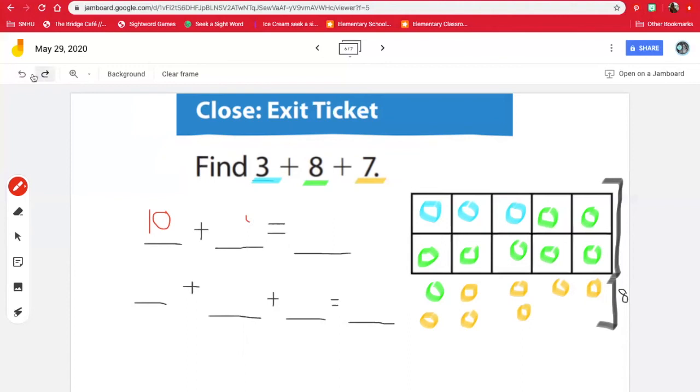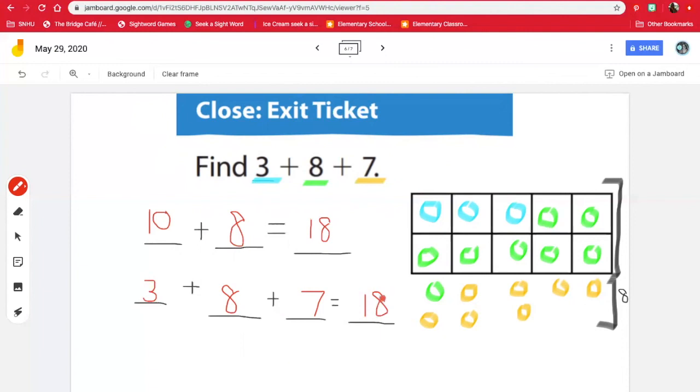My marker does not want to work today. There we go. 10 plus 8. So count the 10 in the 10 frame. 11, 12, 13, 14, 15, 16, 17, 18. 10 plus 8 is 18, which means 3 plus 8 plus 7 is 18.